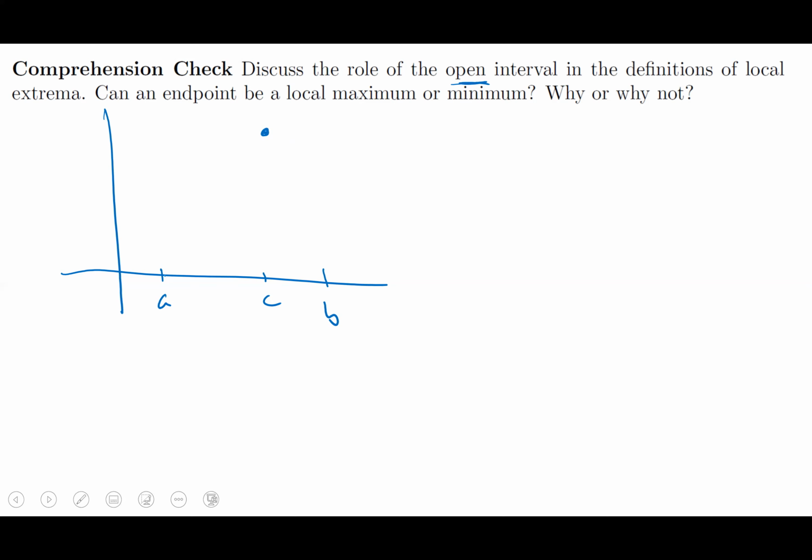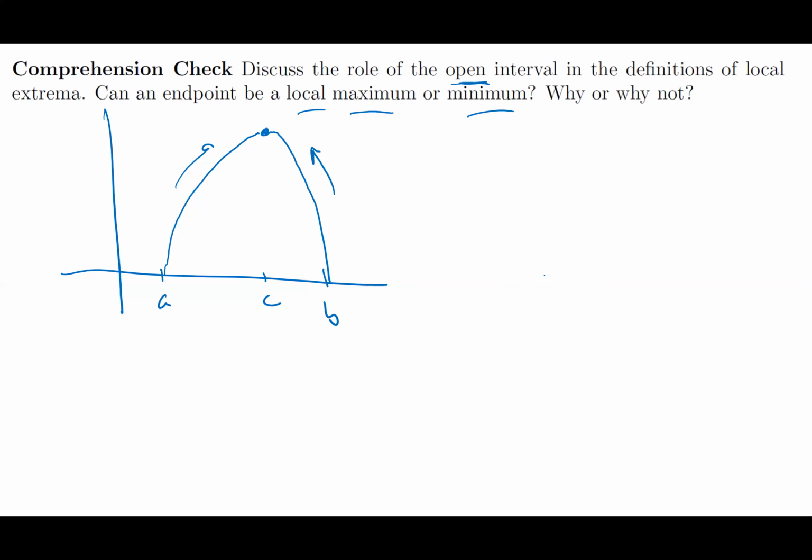There have to be points lower than it on the left, and points lower than it on the right. In other words, you could climb up to the top from either side of the hill, okay? That's why you need an open interval. To be a local max or minimum, you need points to the left and the right that you can either be lower than or larger than.